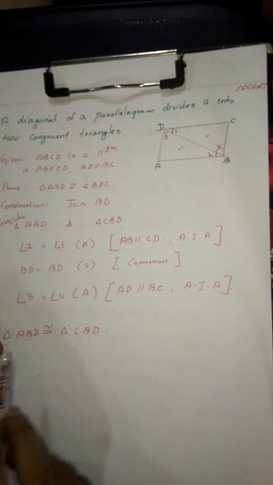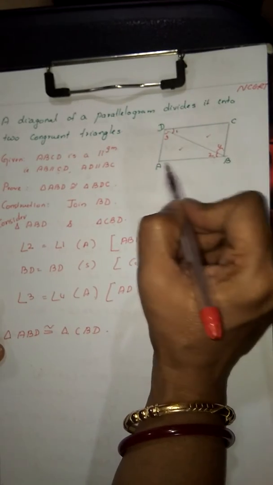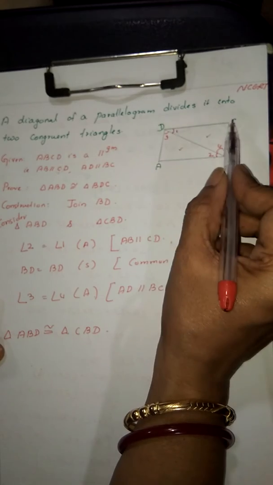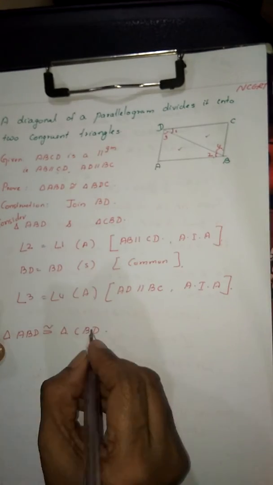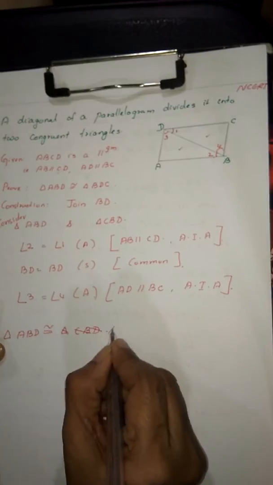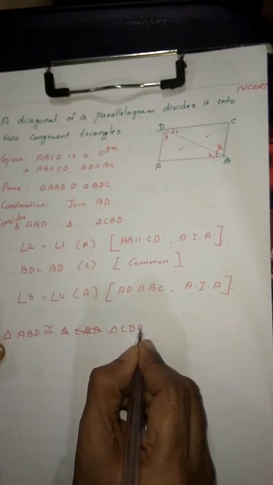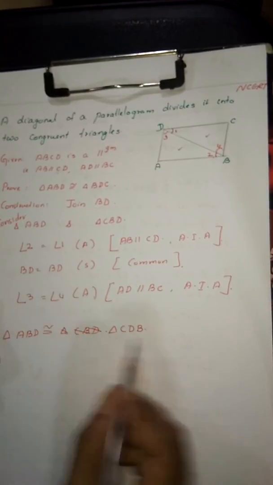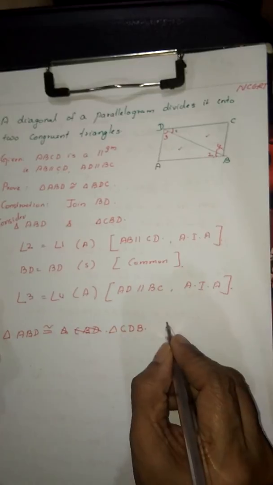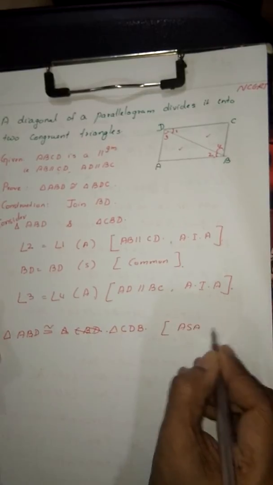So we have to prove triangle ABD is congruent to triangle CDB. From this we can write AB is equal to CD, by ASA congruence.